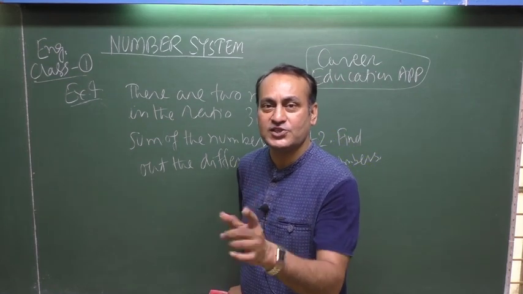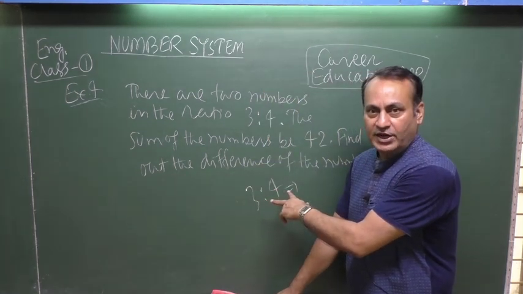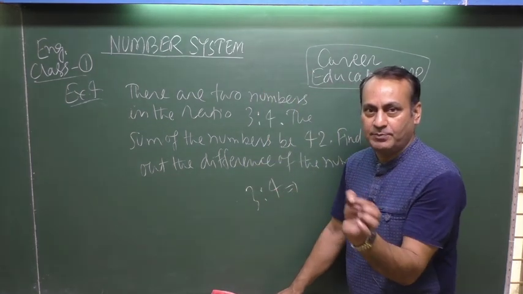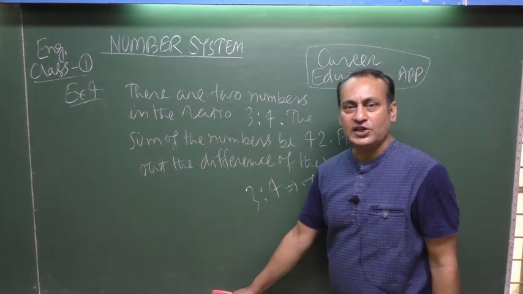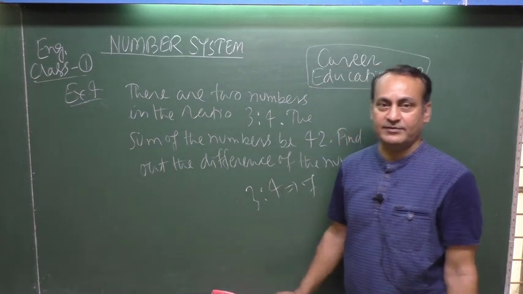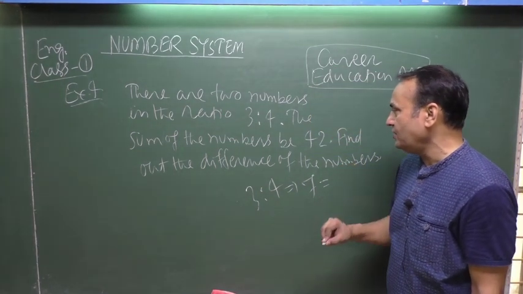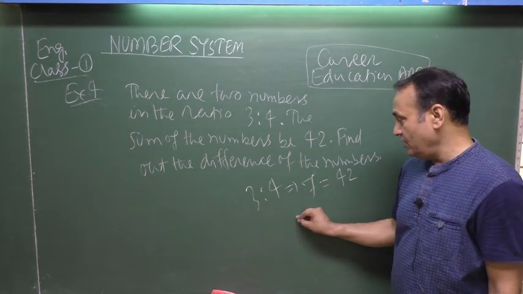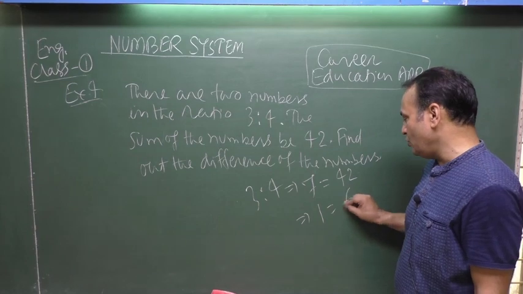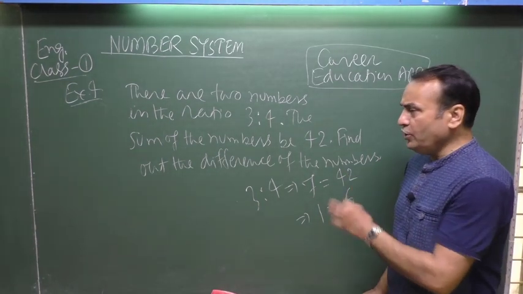That means question says to you, you make a total of these 2 units. 3 plus 4 equals 7. According to you, the sum is 7. But according to the fact, according to the question, the sum is 42. That means both are equal here. 1 unit equals 6. 7 6s are 42. 1 unit is 6.